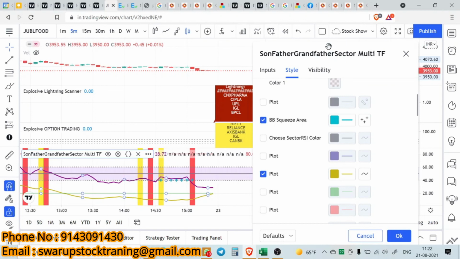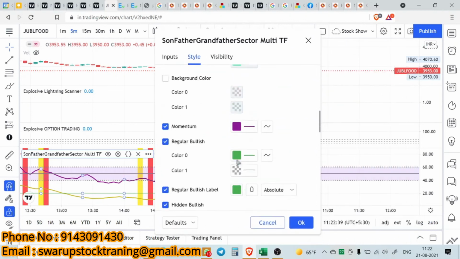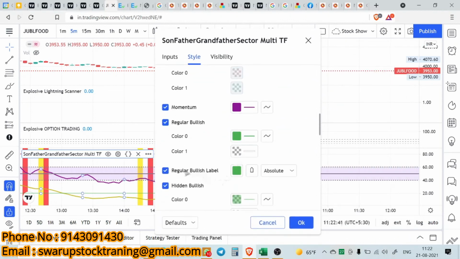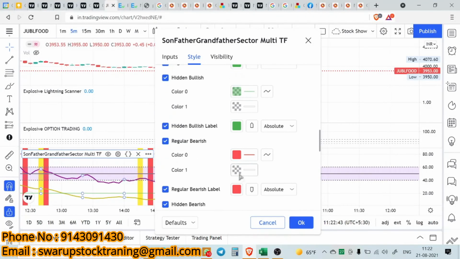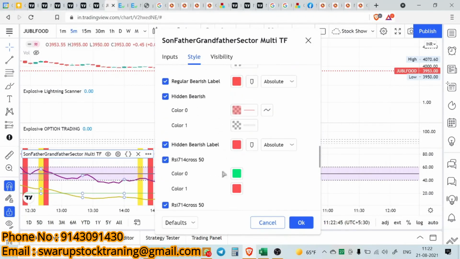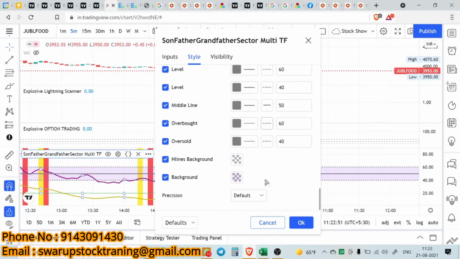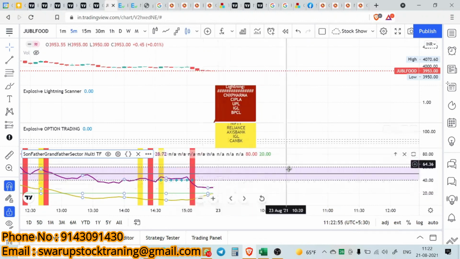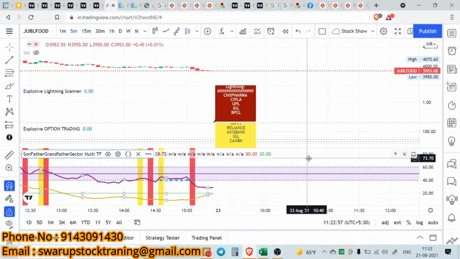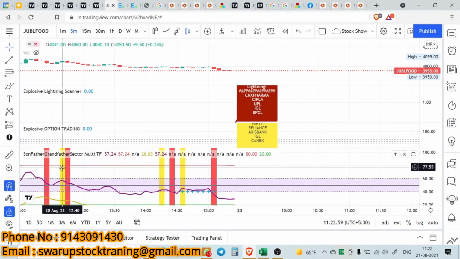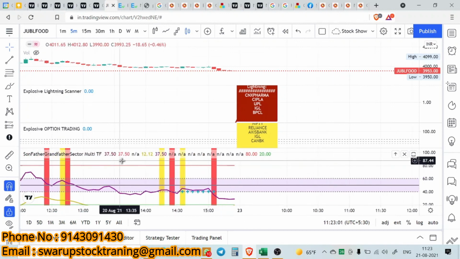All this information you get in one stop. You also have the regular bullish divergence, hidden divergence. You have these lines, red bar, green, red bar, yellow bar. These are all profit booking and short levels, and other things present in one particular indicator. So this is a multifunctional, multi-versatile indicator.